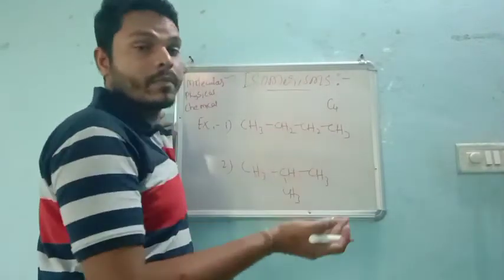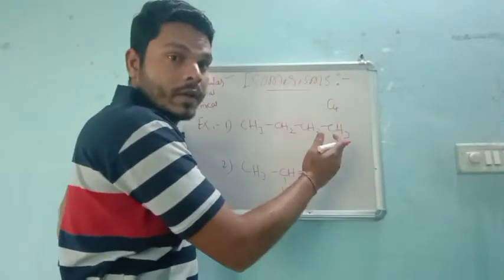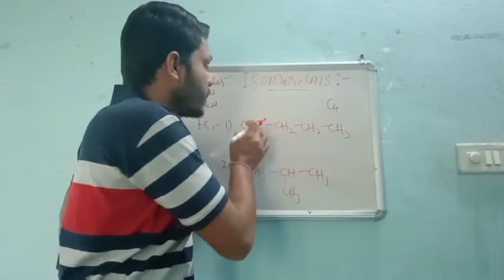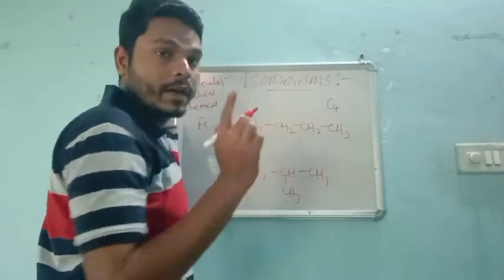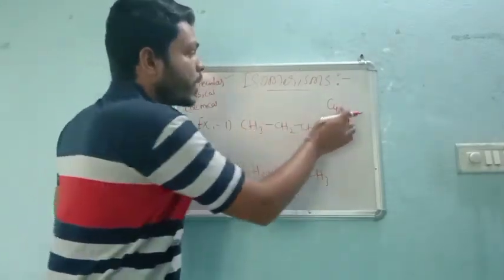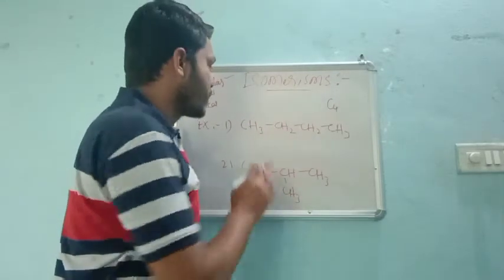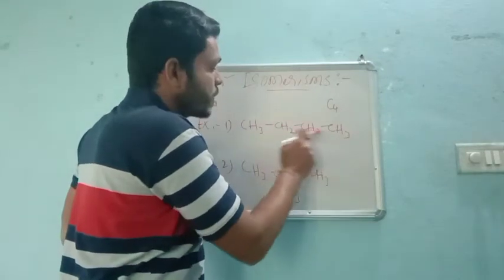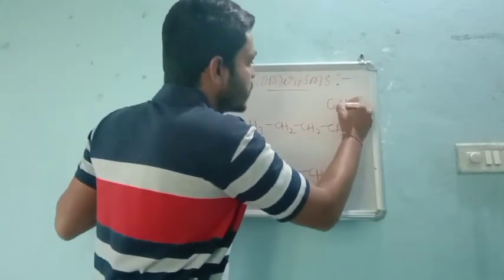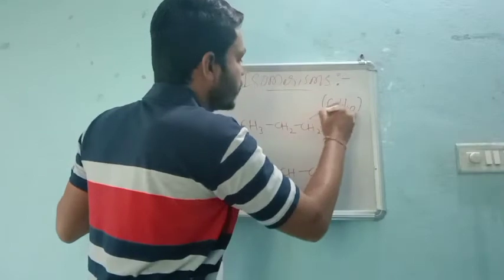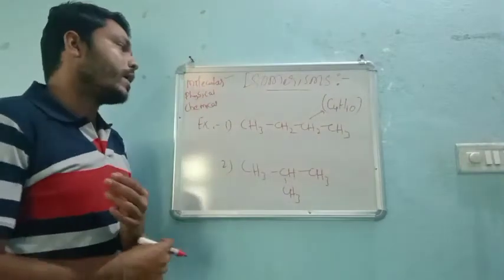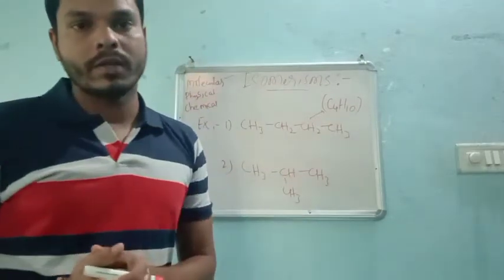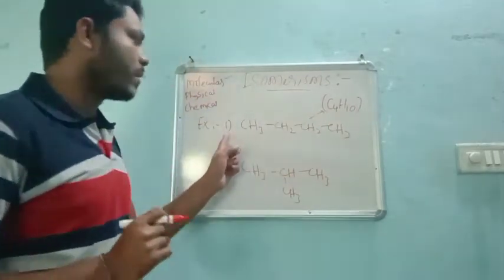There are 2 different elements here, carbon and hydrogen. Already we have counted the carbon atoms. Now count the hydrogens: 3 plus 3 is 6, 6 plus 4 is 10. So this is the complete molecular formula of this compound: 4 carbon atoms and 10 hydrogen atoms. This is about case number 1.